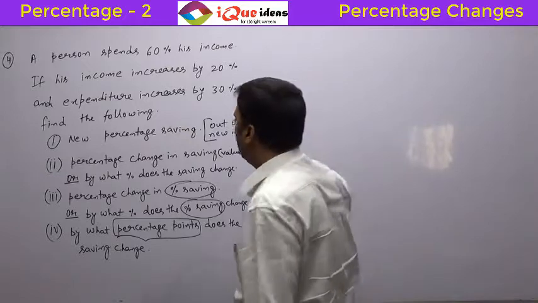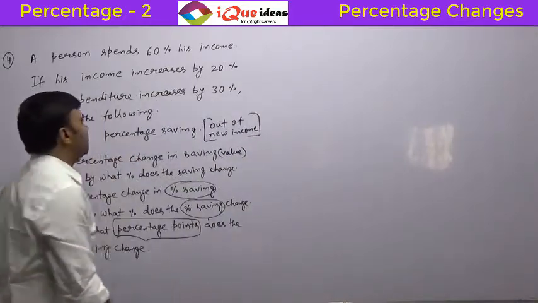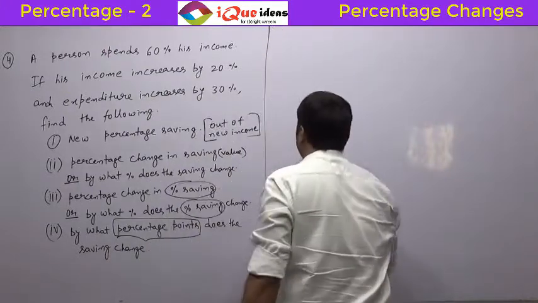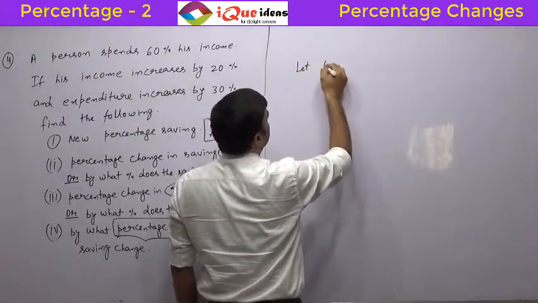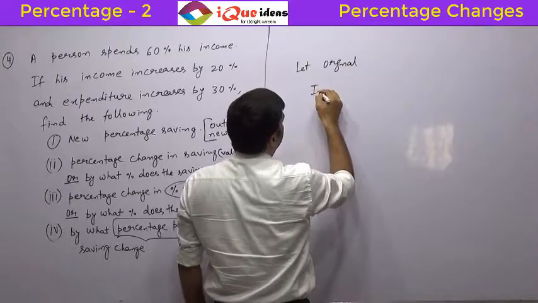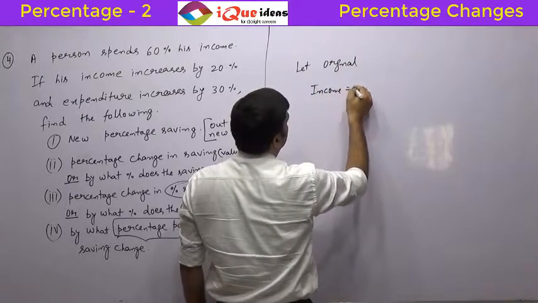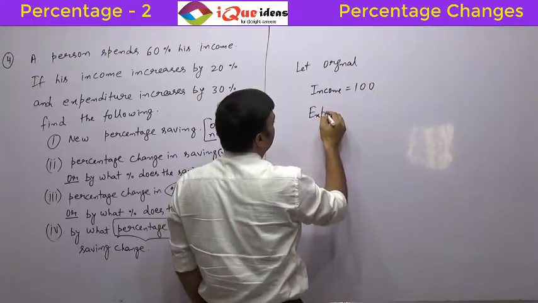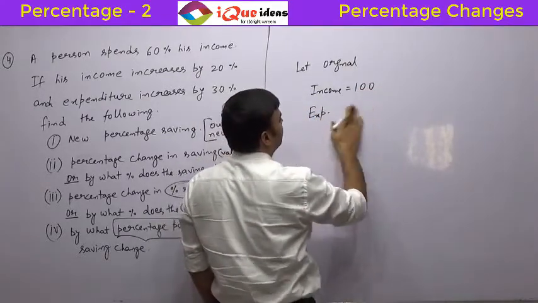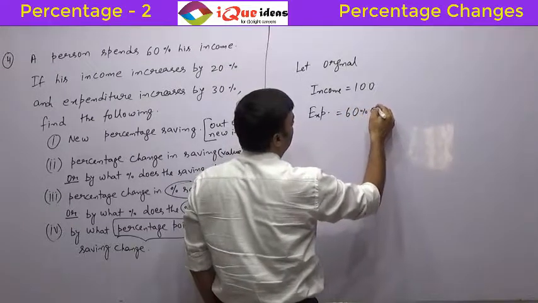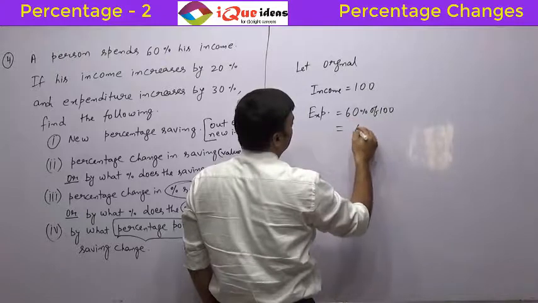And now, how do we start? So here we'll use the base. Let's assume that the original income is 100. Let original income be equal to 100. Then in that case, the expenditure will be 60% of 100, which is 60.